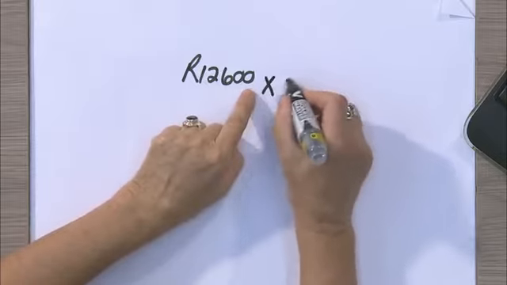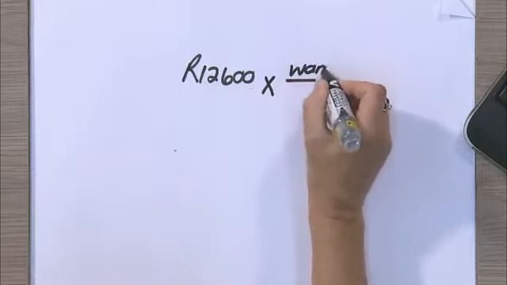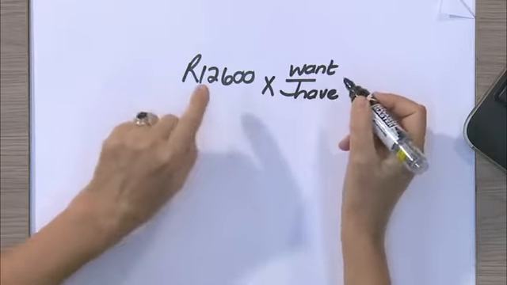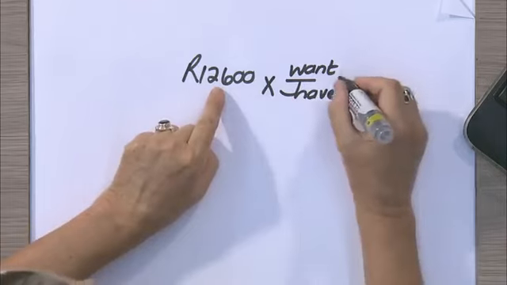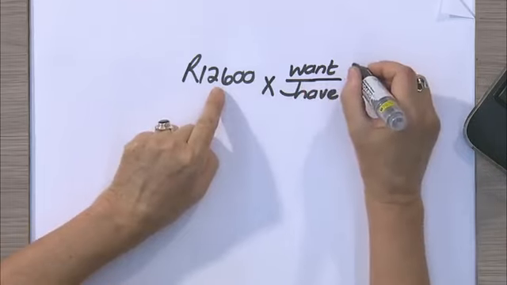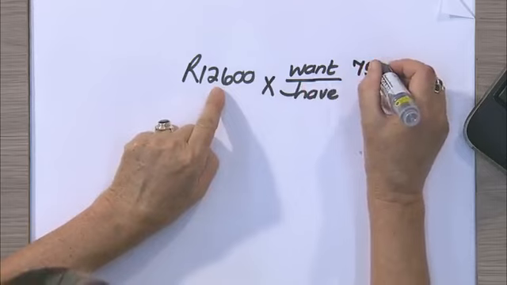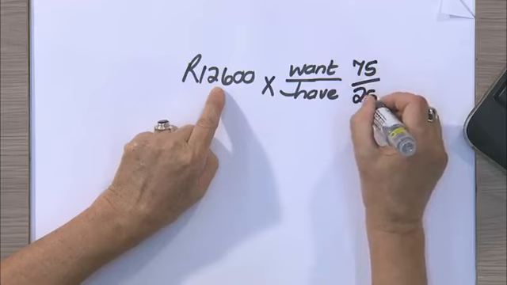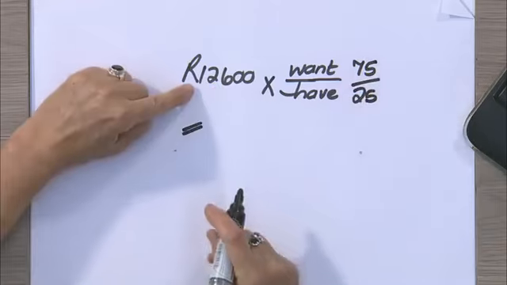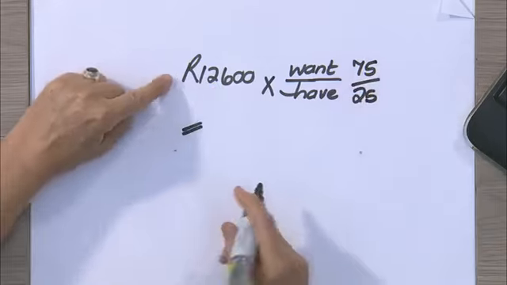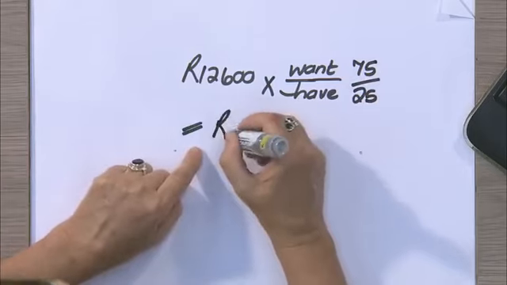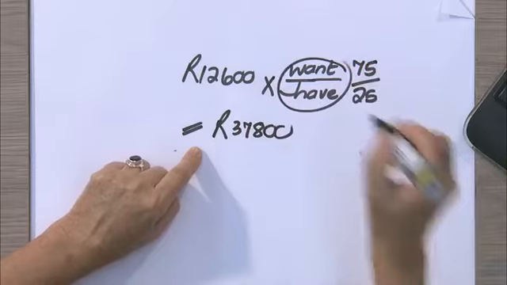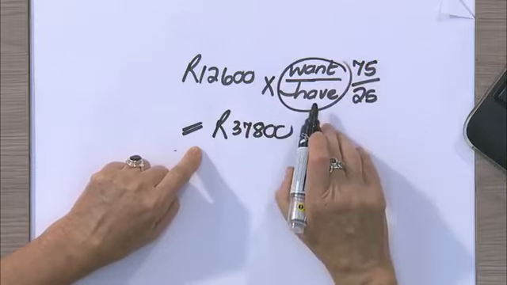You want the factory, but you have the sales department. So the rule is times by what you want. The factory is 75%. And the sales department is 25%. And then you've converted the smaller amount to the bigger amount, which is 37,800. So this concept, when you work through papers, you'll see how often you need this.